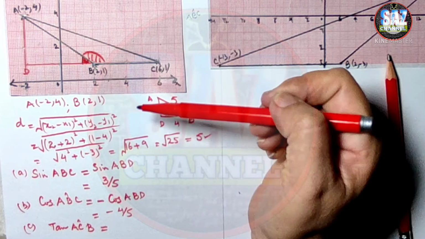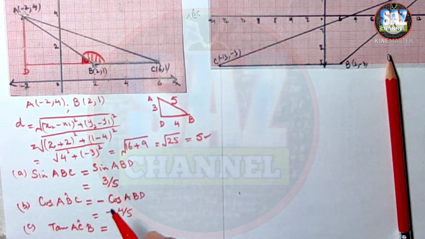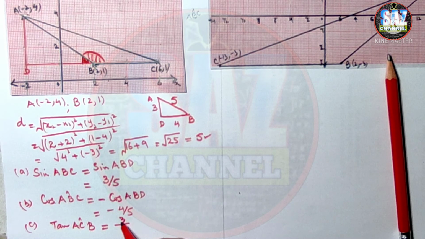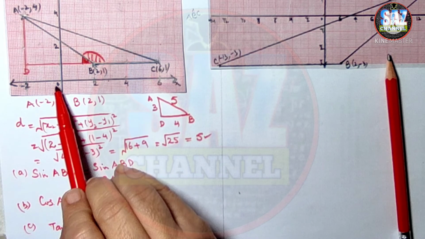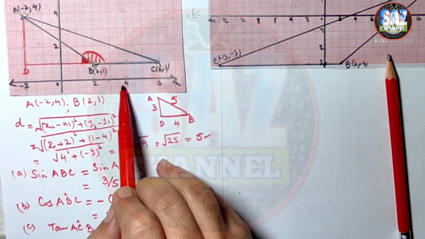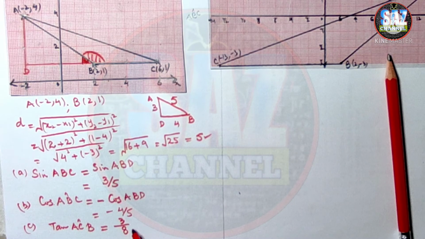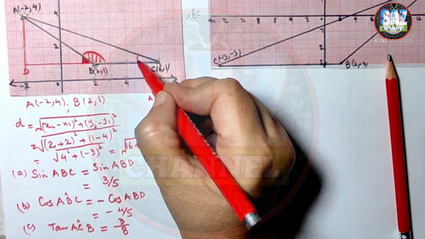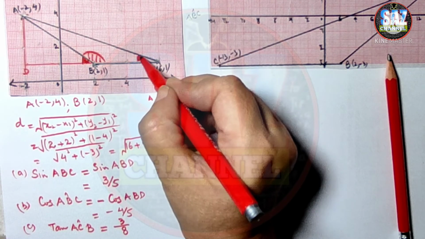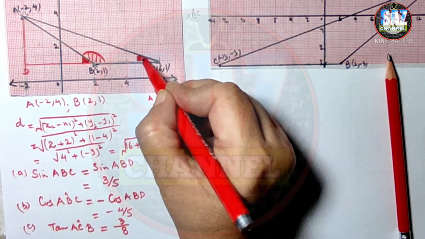The opposite is 1, 2 and 3 blocks, that is 3, and the adjacent is the distance of 2, 4, 6 and 8 units. So it is 3 by 8. I hope you are really clear how we are finding the tangent of the angle ACB.